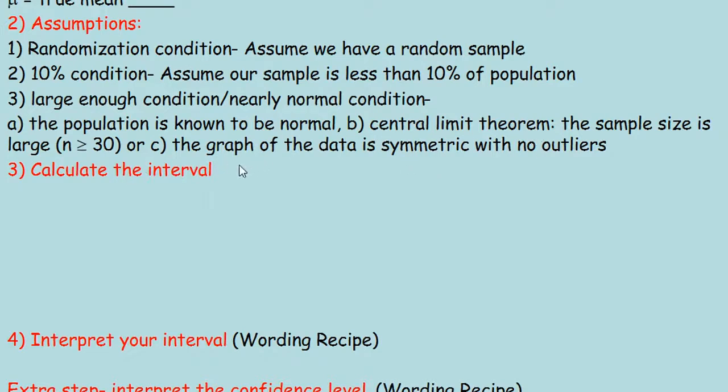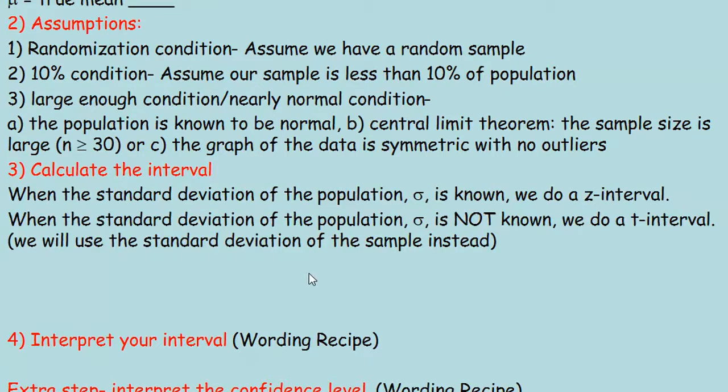The last option, which I think we're going to do next chapter, is that sometimes you have the data and you have to graph it, but we're not going to do that one today. So today we're either going to say the sample is large enough because the problem says the population is normal, or because our sample is at least 30. So that's the new condition that you need to check.